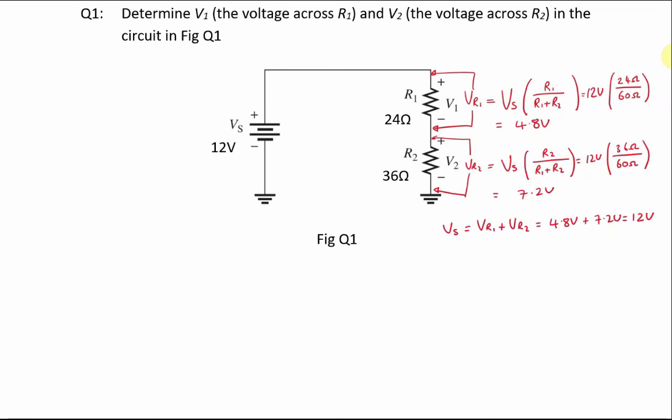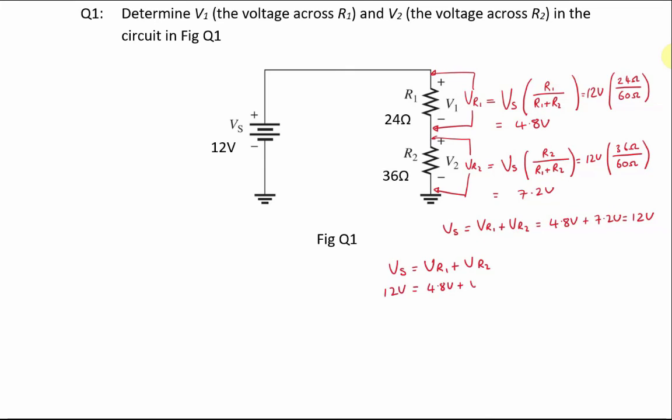Now, we didn't actually have to use the potential divider to calculate VR2 once we had VR1, because we know that Vs, the voltage supply, has to be equal to VR1 plus VR2. And we knew that this was 12 volts. We just calculated VR1 to be 4.8 volts.